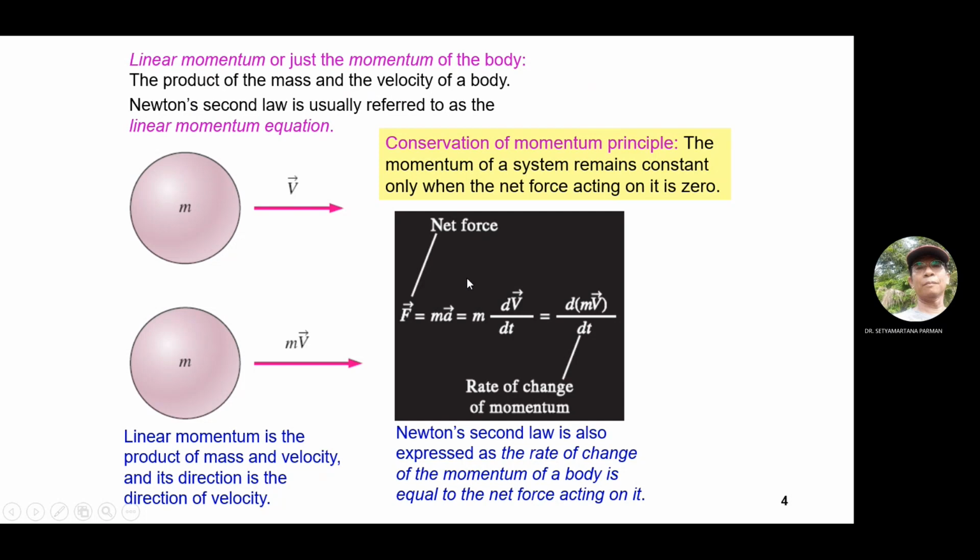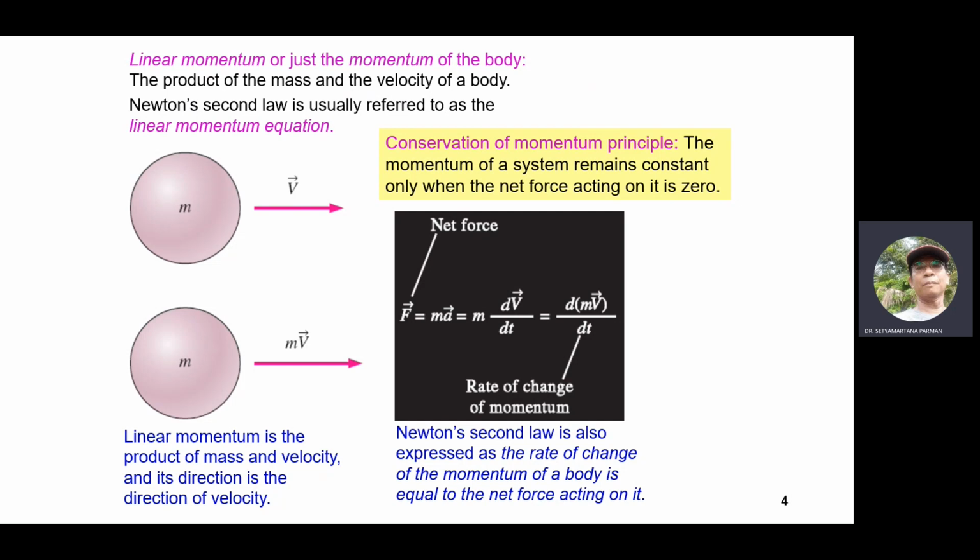In mathematical expression, F, the net force, equals the mass multiplied with acceleration, which equals the mass multiplied with the derivative of velocity with respect to time, and also equals the derivative of momentum, d(mV)/dt. So the force is the rate of change of momentum.